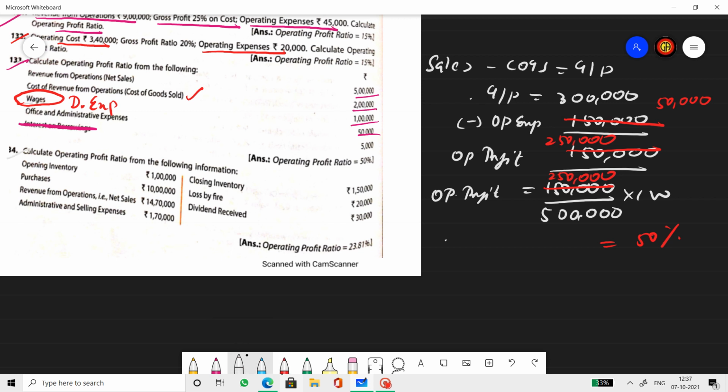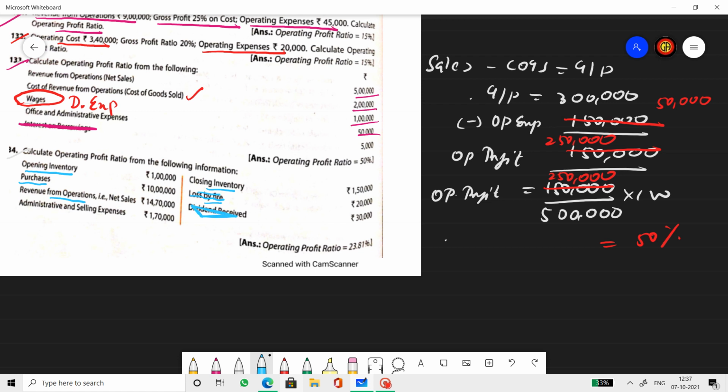Opening inventory is given in the question, which is opening stock. Purchase is given, sales is given, closing inventory is given, loss by fire is given, dividend received is given. Loss by fire is a non-operating expense. Dividend is a non-operating income. So both will not be considered.